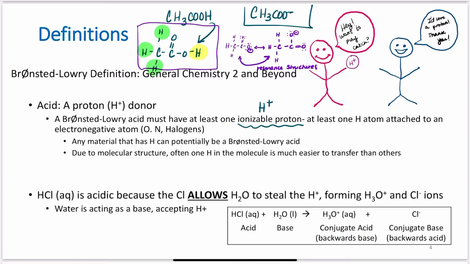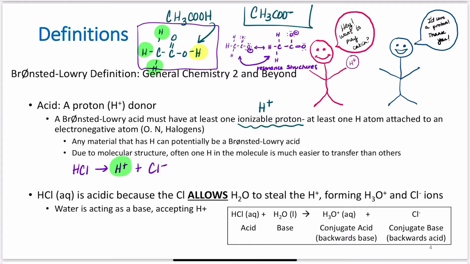Some examples, how can we say that these are a Bronsted-Lowry acid? Well, if I have HCl, we just talked about how HCl, you can draw it like that or you can just put it together. HCl forms H+ and Cl- ions in solution.